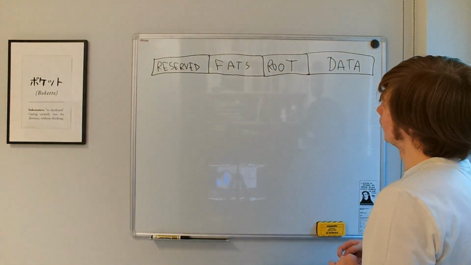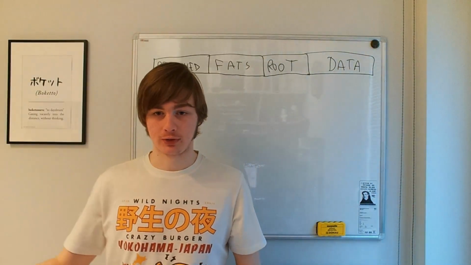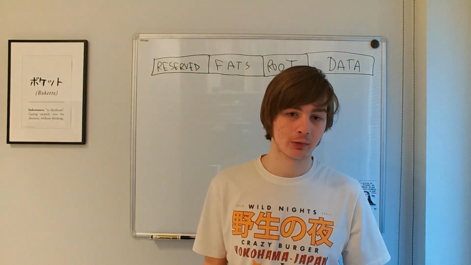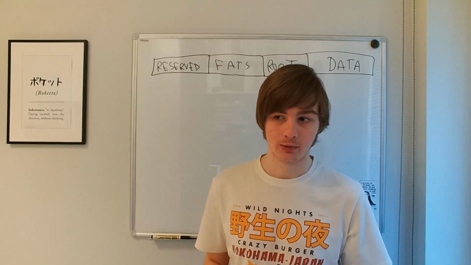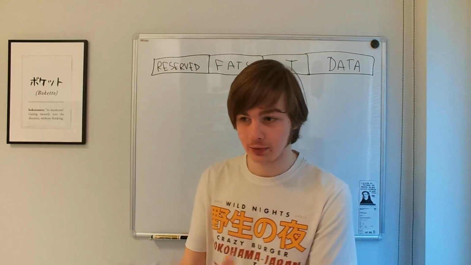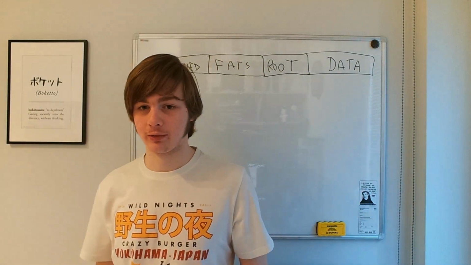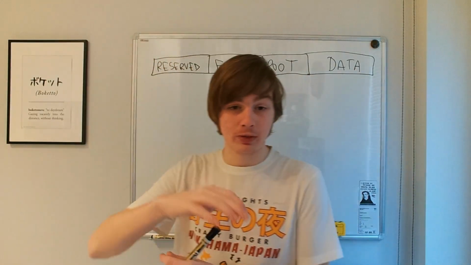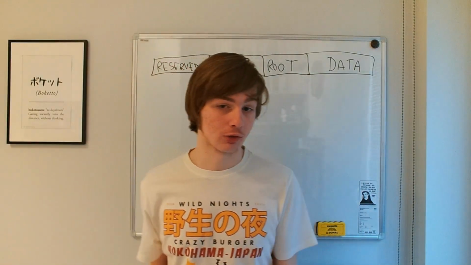So the entire data region is split into clusters. So the idea of clusters, right? If you've ever formatted a disk into a given file system, so you've tried using software in order to put the disk in such a format that files are seen in this way, you've probably seen a certain option called the allocation unit.